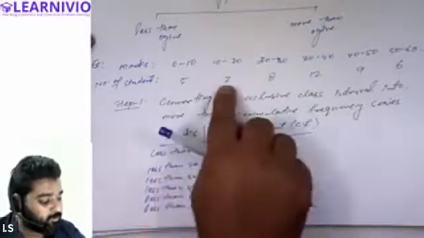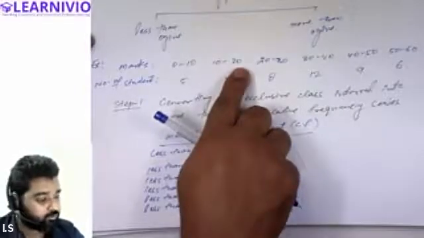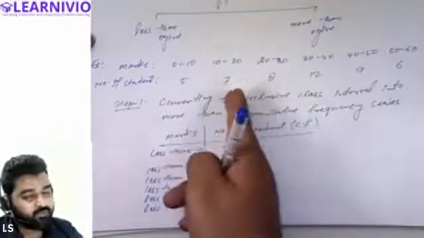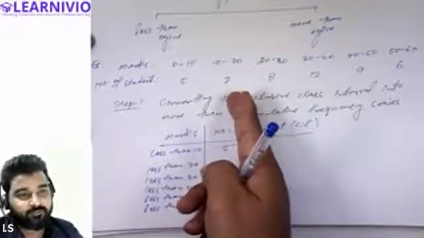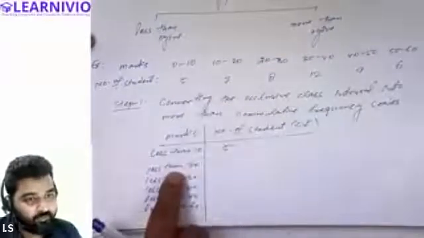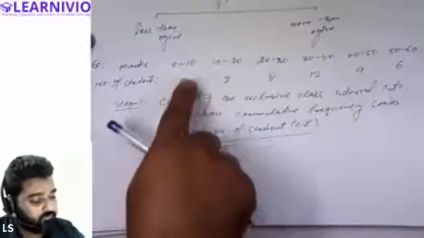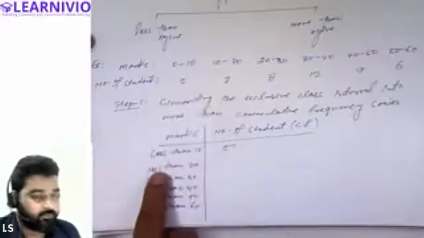There are 7 students who have scored marks between 10 to 20, right? So these 7 students have basically scored marks less than 20. So these 7 will be included in this category, less than 20, right? But all of the students who have scored less than 10 marks are also covered in this category, right?